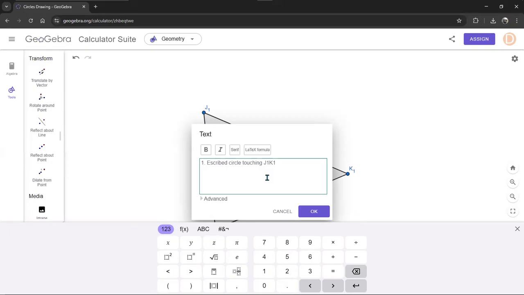So this is just the line J1, K1. Then two, Escribed circle touching. Since we had this side, let's use this side. So this is J, K, L. So we can use KL, so K1, L1.